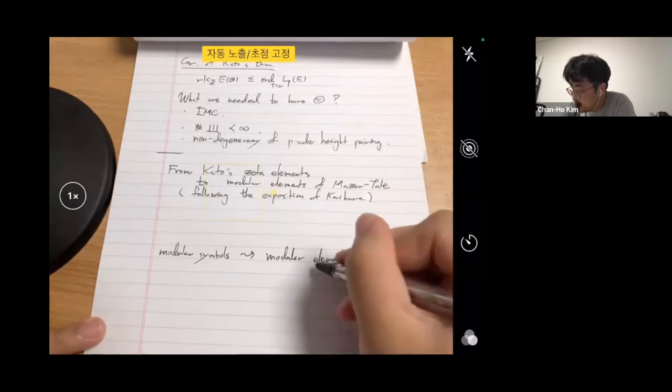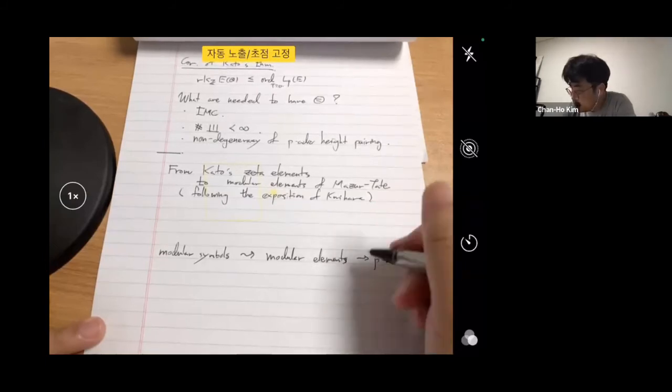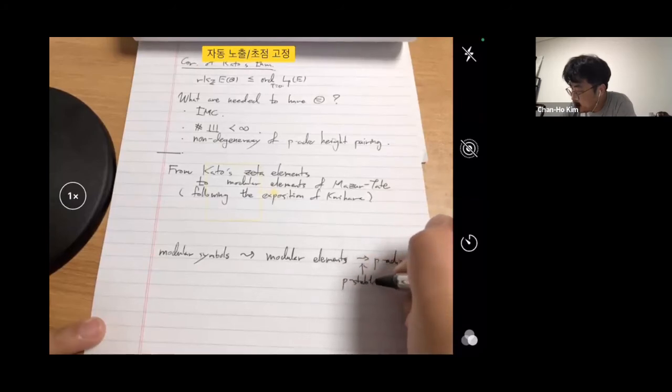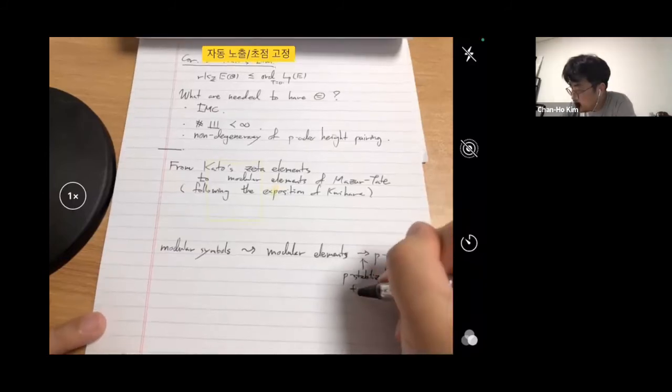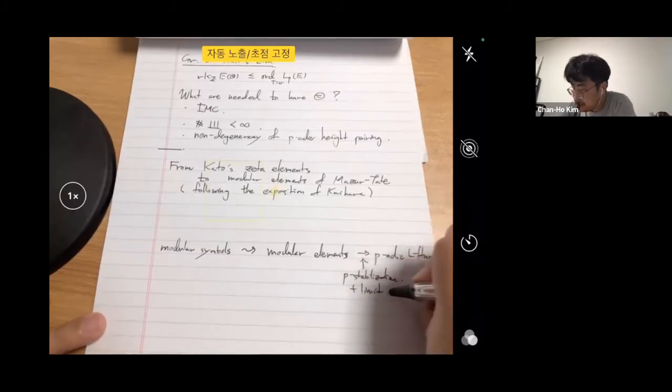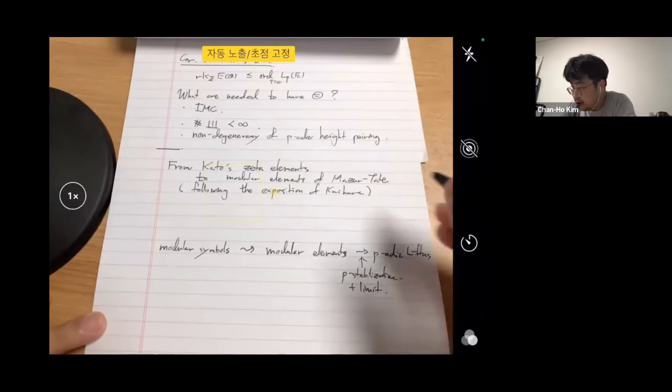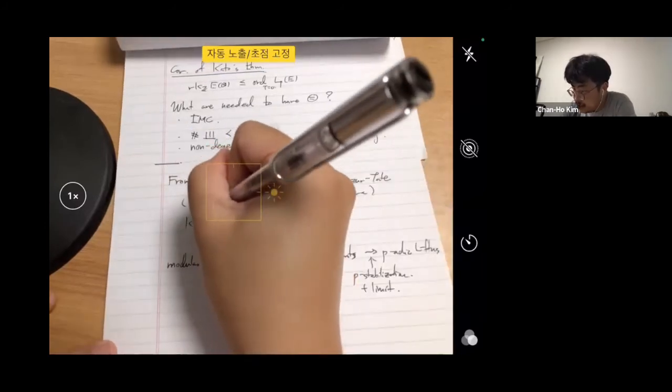This is somewhat finite layer stuff. This one requires p-stabilization and taking the limit. And here I have my Kato's zeta elements.